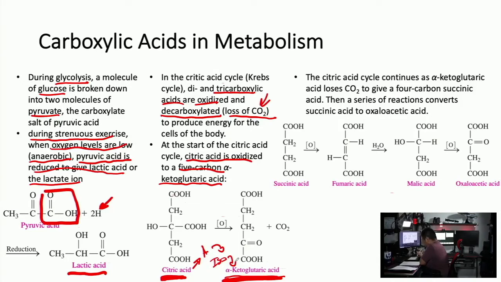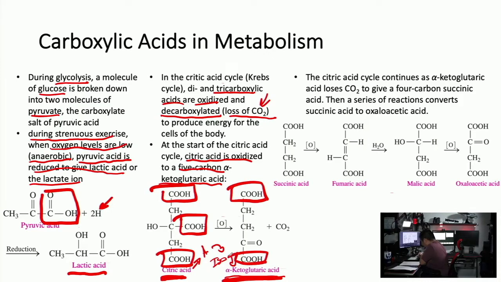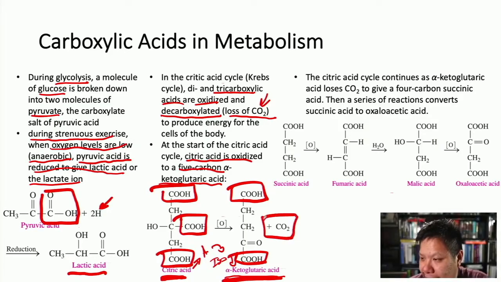So there are many steps in between, but the point is we have 3 carboxylic acids here, right? And we have 2 carboxylic acids here, right? And when it gets oxidized, you release a CO2, which is the CO2 that you breathe out, right?